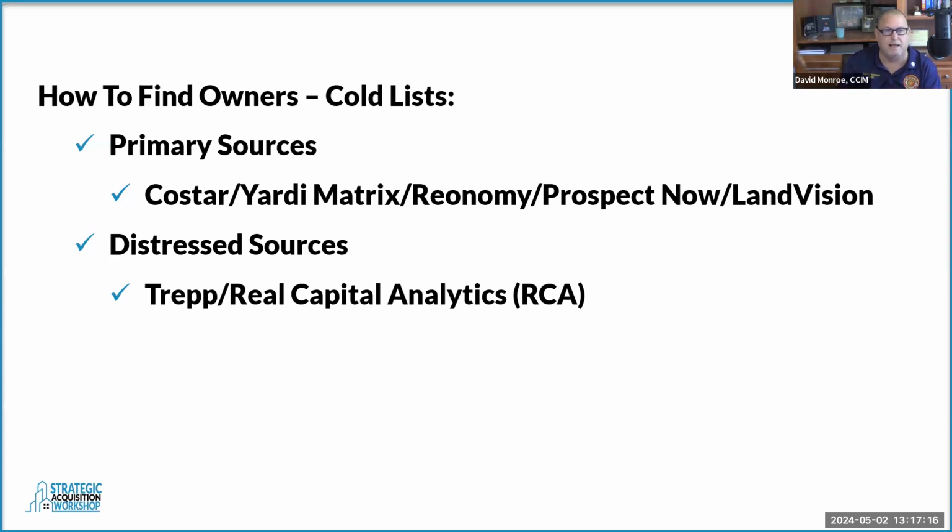TREP, Real Capital Analytics, they get data from all of the resources, CMBS, all the agencies, Fannie, Freddie, FHA, HUD. They get the loan data from all of them, as well as CLOs, commercial loan obligations, which are your bridge debt, your mezzanine debt, and then also some private equity firms that do debt. They get information on those, which really are your CLOs.